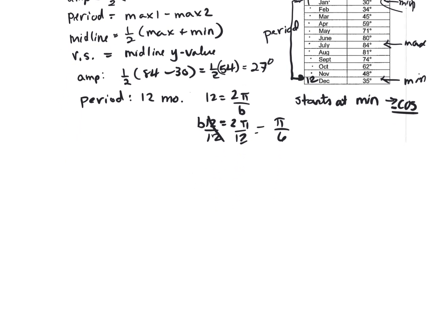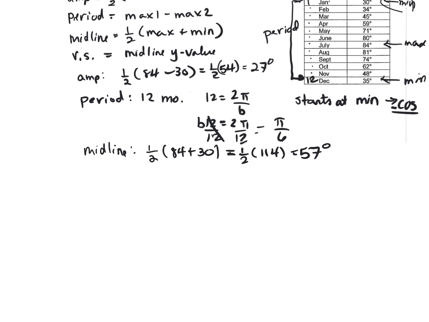Now midline, we're going to do 1/2 the max, which is 84, plus the min, which is 30. That equals 1/2 of 114, which is 57 degrees. So the midline is 57 degrees.